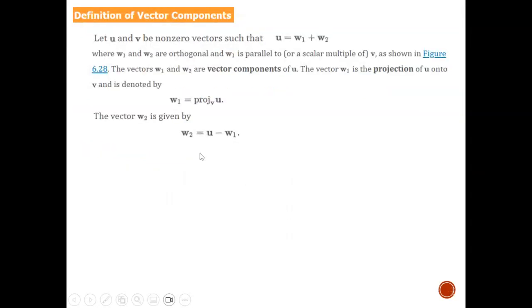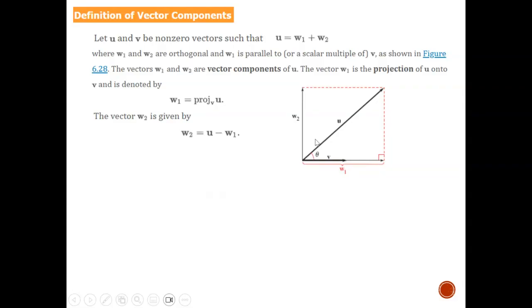Now comes the projection of u onto v. Here it says, let u and v be non-zero vectors such that u equals vector w1 plus vector w2, where w1 and w2 are orthogonal and w1 is parallel to, or a scalar multiple of, vector v, as shown in the figure below.